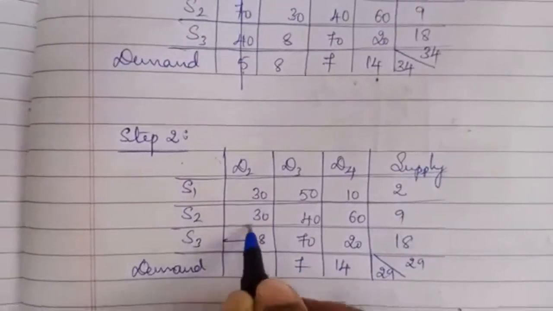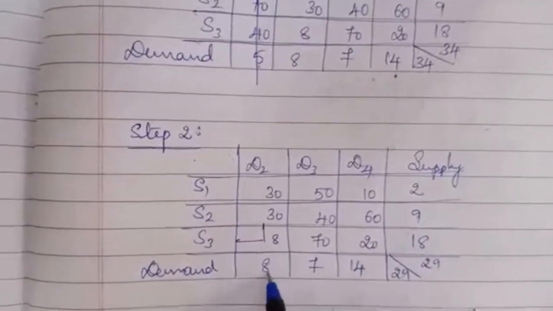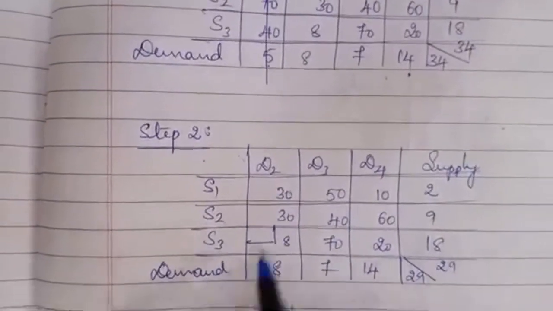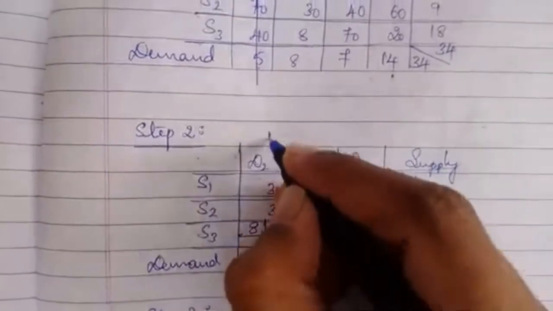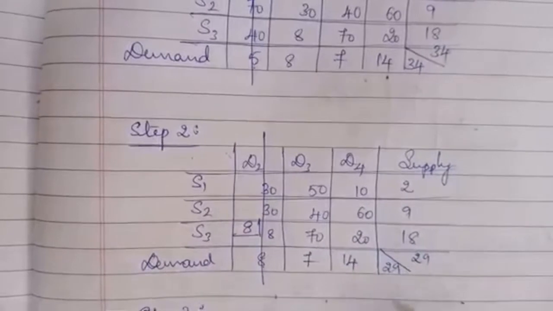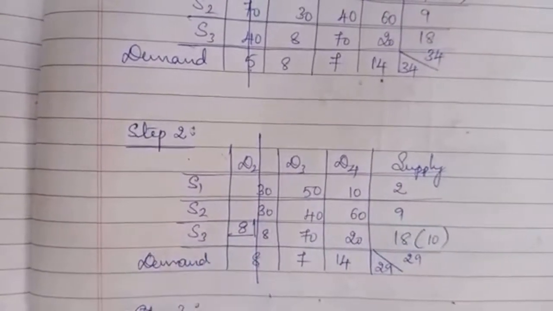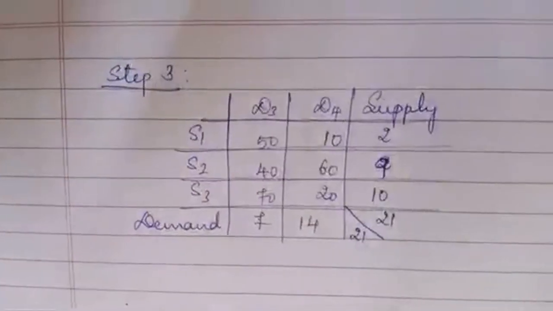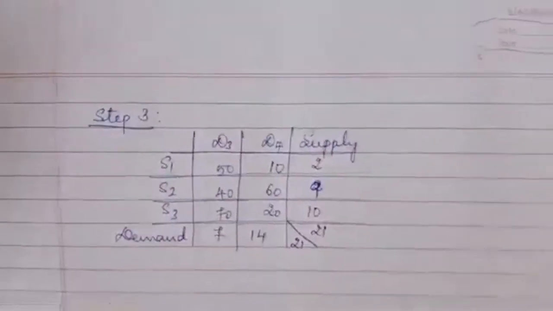So I'm going to allot for this cell, with supply 8 and demand 18. So 8 is less. So I've allocated. We have satisfied the demand of D2. We have left out with 10 more products with S3. Now we will move on to the next step, step 3.